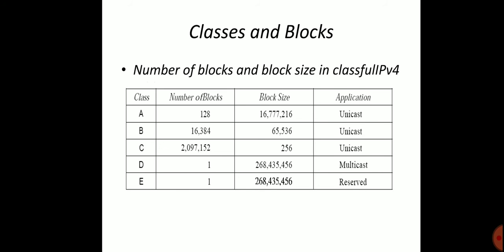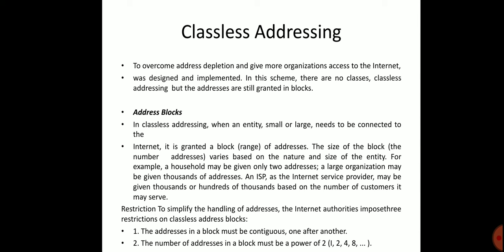And then classless addressing. Classless addressing was designed and implemented to overcome address depletion and give more organizations access to the internet. In this scheme, there are no classes, but the addresses are still granted in blocks. When an entity, small or large, needs to be connected to the internet, it is granted a block of addresses.